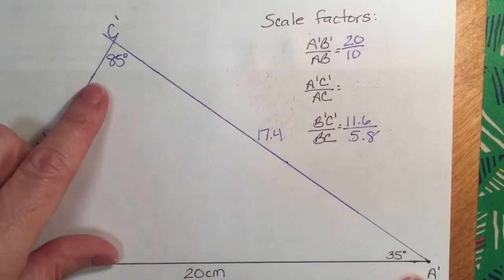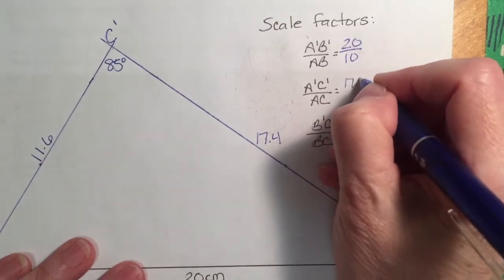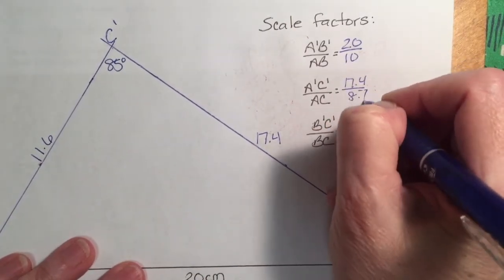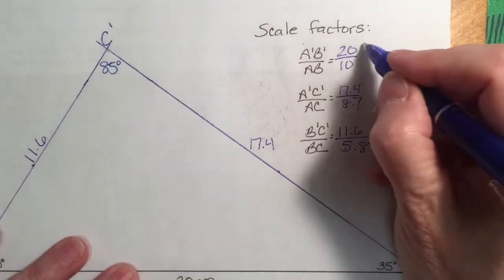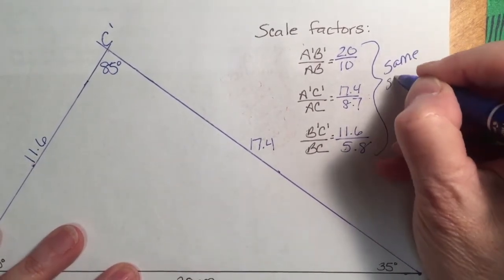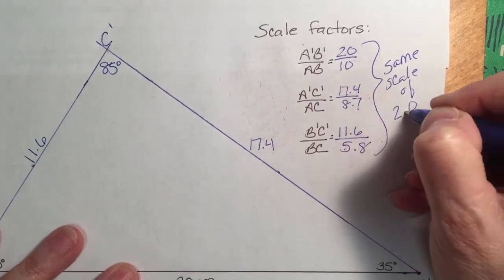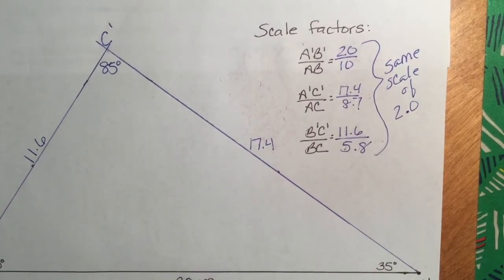And the medium sides are 17.4 compared to 8.7. All right, in every one of these, that is the same scale factor of 2.0. Times 2, every one of them.